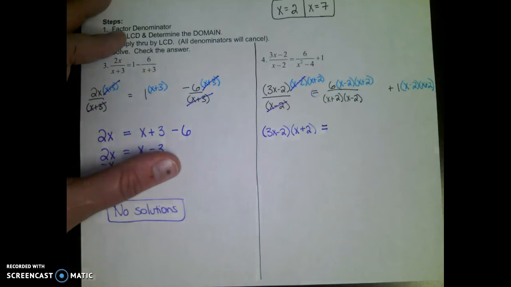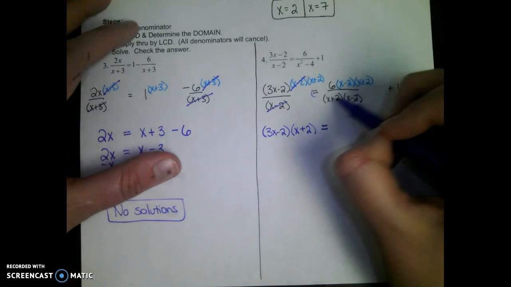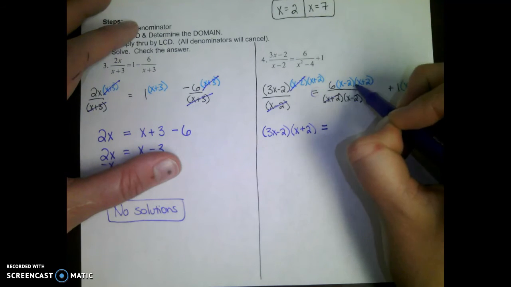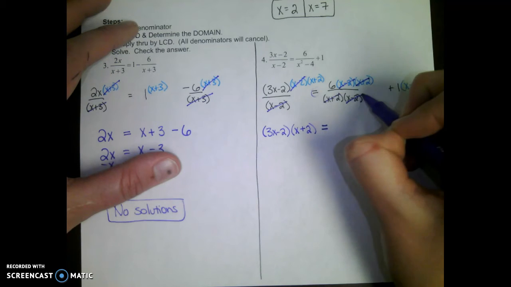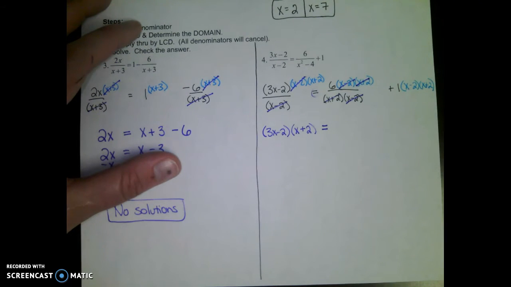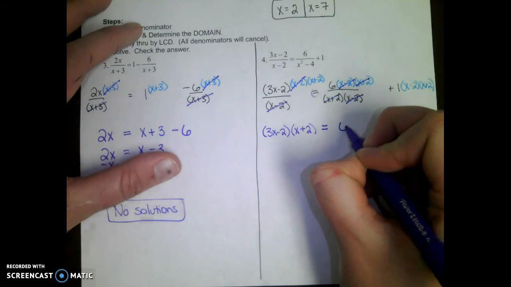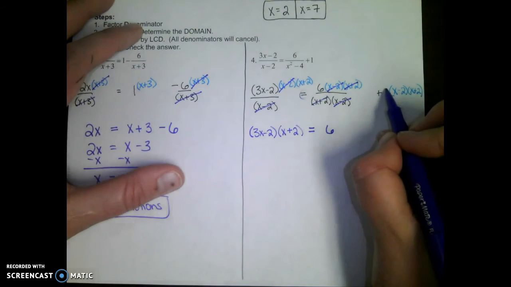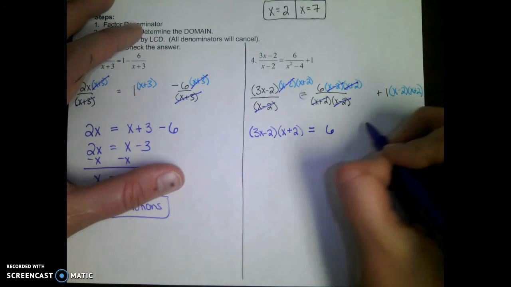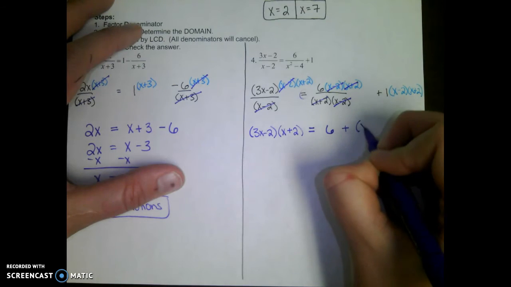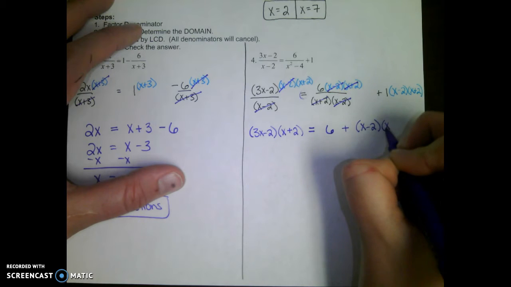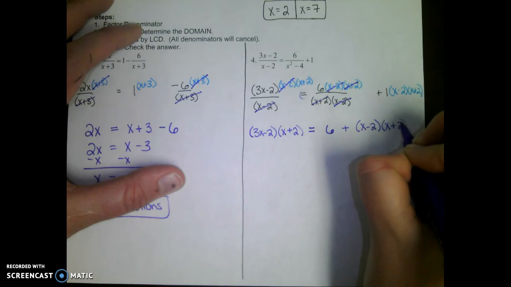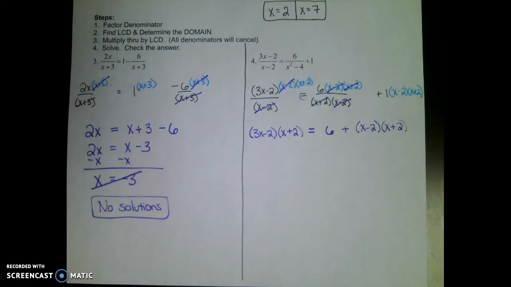What cancels in the next fraction? X plus 2 cancels, x minus 2 cancels, leaving us with 6. And if we distributed the 1, it wouldn't change anything, so we have x minus 2, x plus 2. Okay, we have now eliminated all of the fractions.